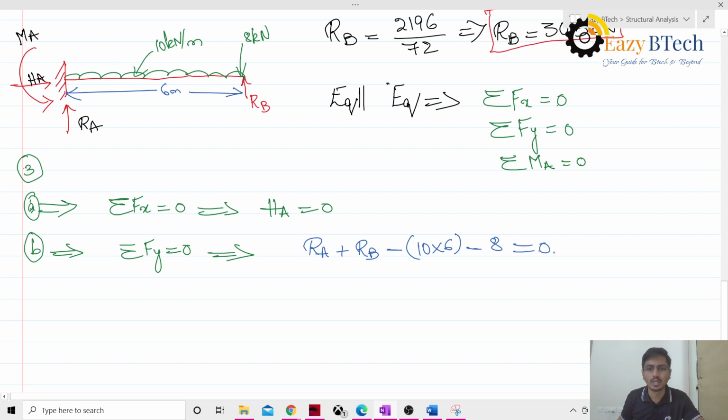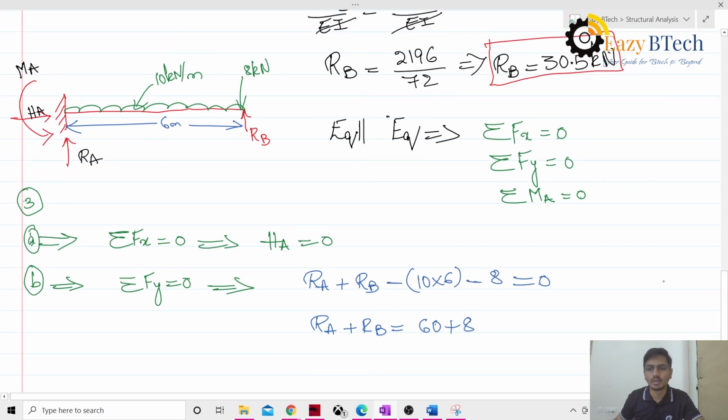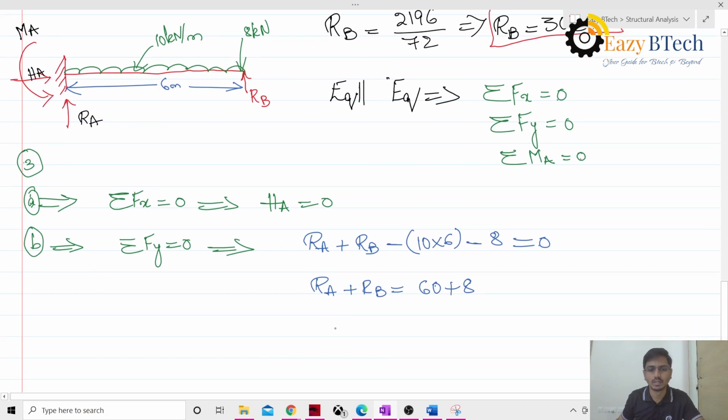I'll send these values to the other side. So RA plus RB equal to 60 plus 8. I'll substitute the RB value here, which we have got as 30.5 kilonewton. I will send that to the other side, 68 minus 30.5.